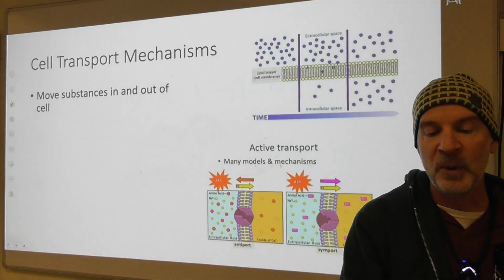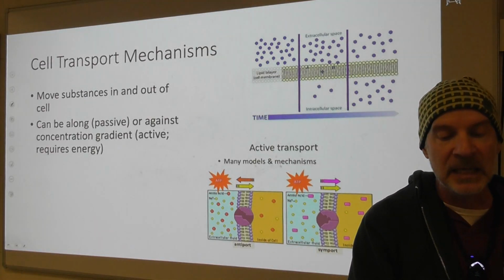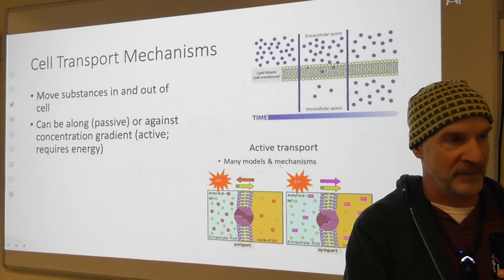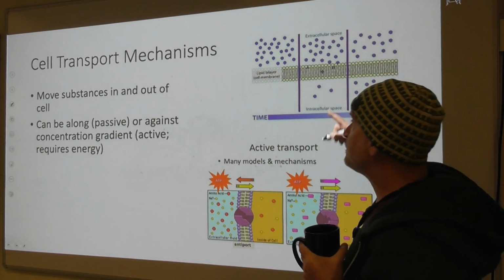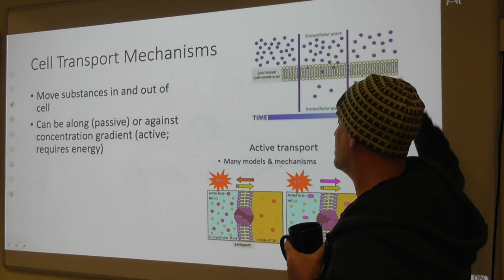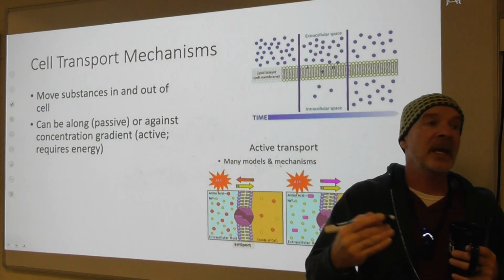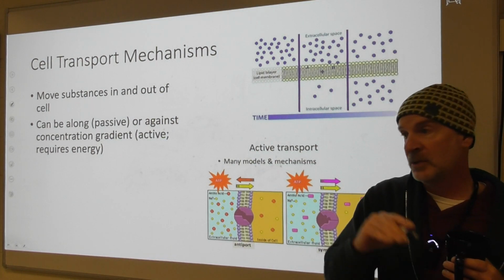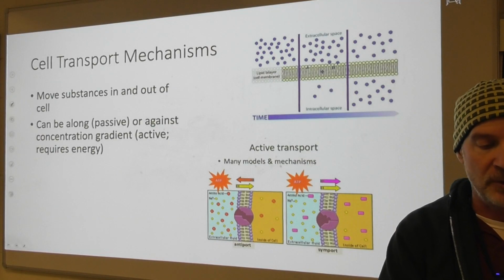And that's where the cell transport mechanisms come in. Cell transport mechanisms are the things that move stuff around in a cell, or from out of a cell to into the cell. Generally, what we're interested in is how things move across plasma membranes. That can be the cell membrane itself, or an internal membrane around an organelle like the endoplasmic reticulum or mitochondria.